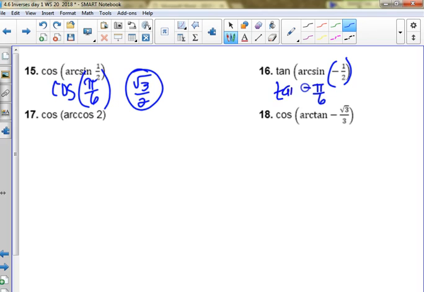What is the tangent at negative pi over 6? Y over x would be this, yes? So it's negative square root of 3 over 3. Everybody okay? All right. Where is the cosine 2?